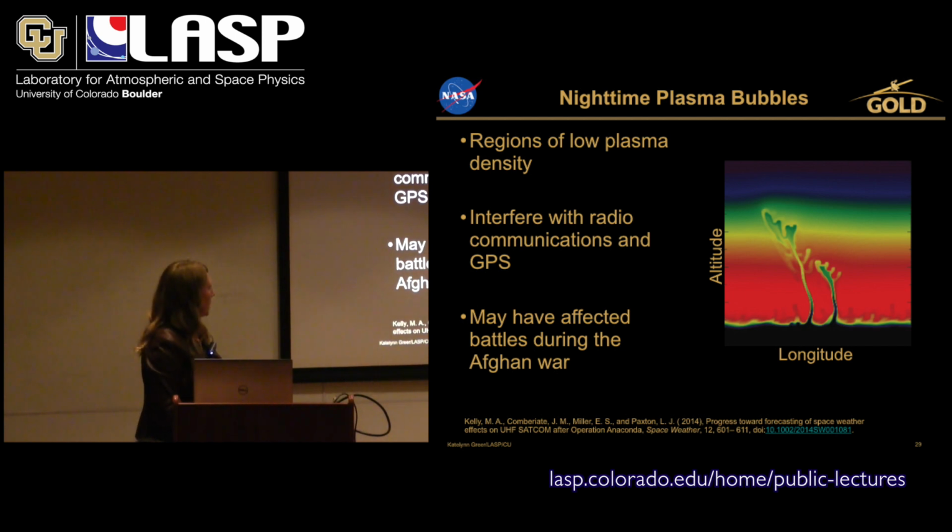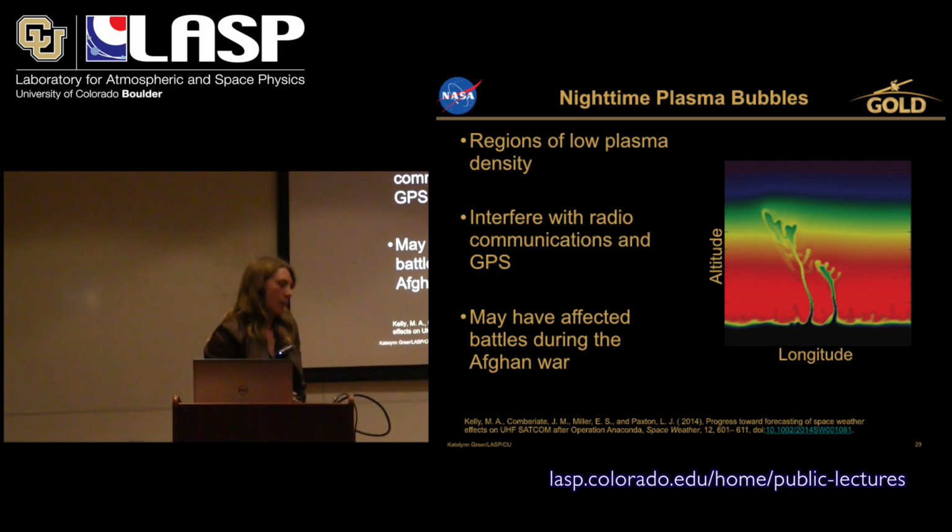And what can happen on this side, you can see there's a very strong gradient between high plasma density and low plasma density. You can have an instability form. And what happens is the high density plasma wants to be below the low density plasma. And so you have these plumes or bubbles of low density plasma that rise up.